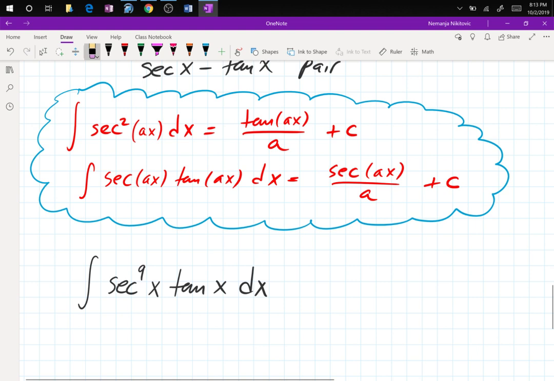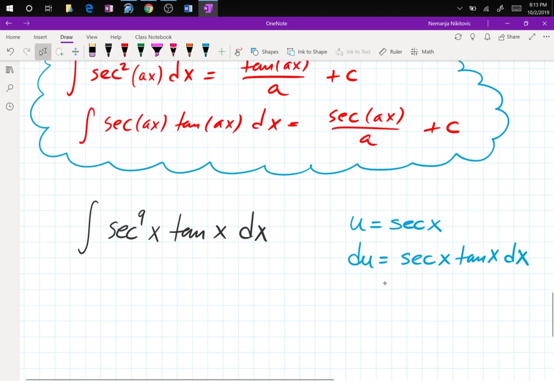So if I pick u to be secant x, then du is the derivative of secant, and the derivative of secant is secant x tangent x dx.